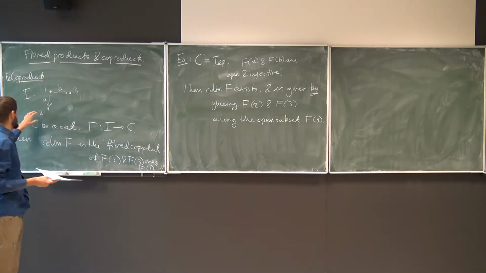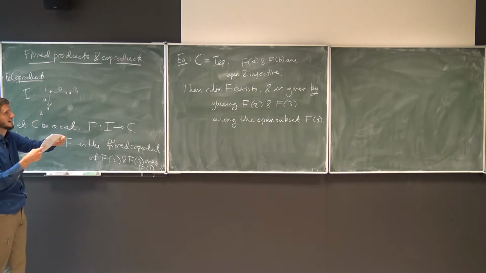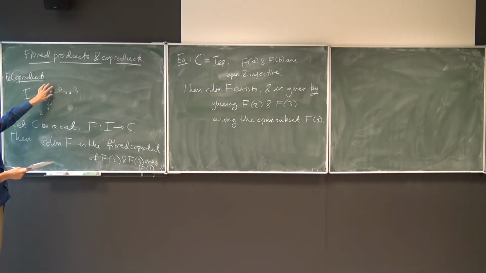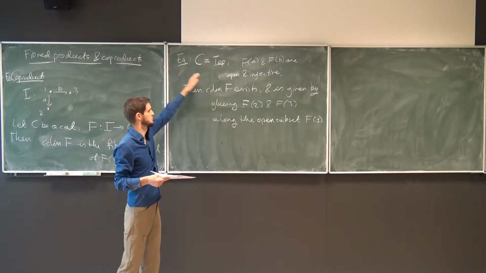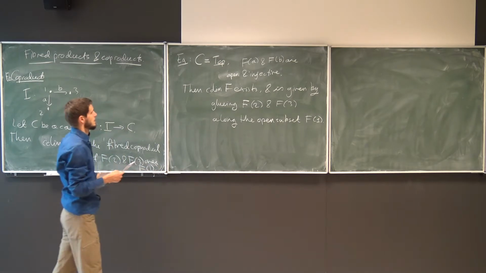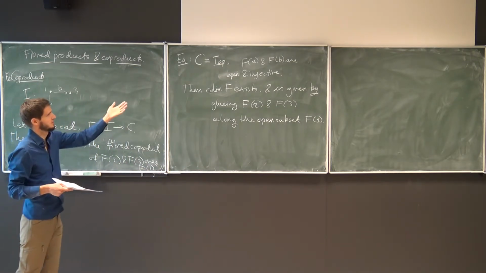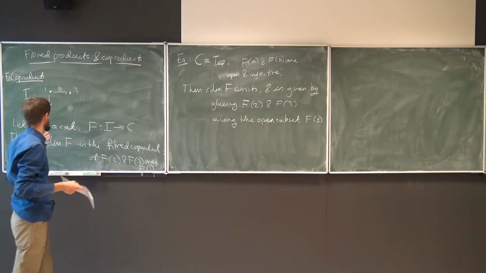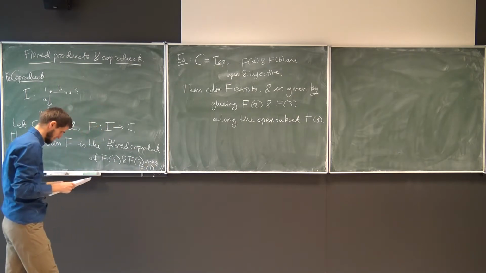Basically, you'll take F of 2 and F of 3, these sets, and glue them together, identifying them along the subset F of 1. In the category of topological spaces, you can do essentially the same thing. This is a bit more interesting now. We can see how to use fiber coproducts to glue together topological spaces along open subsets.